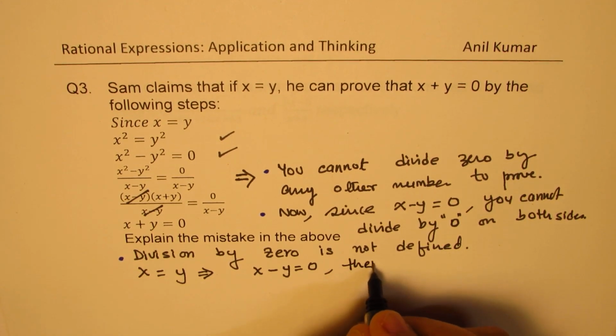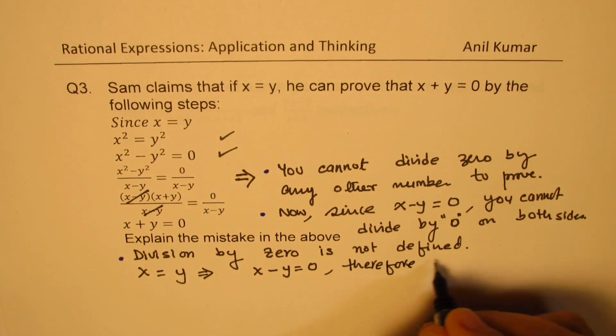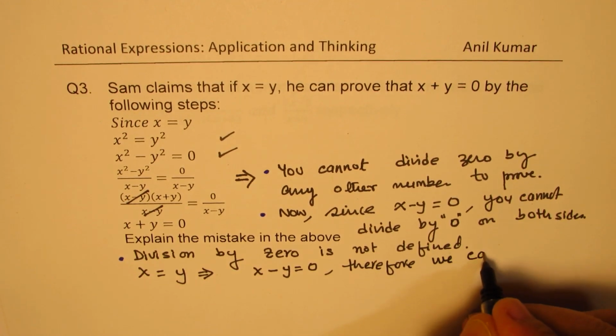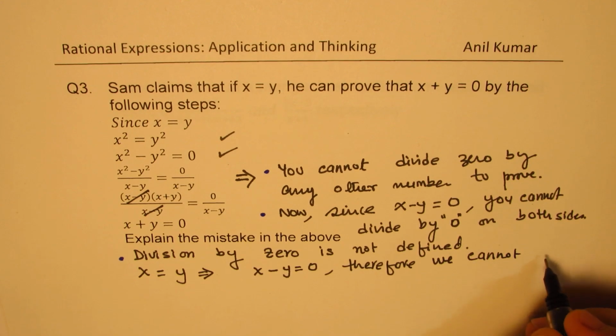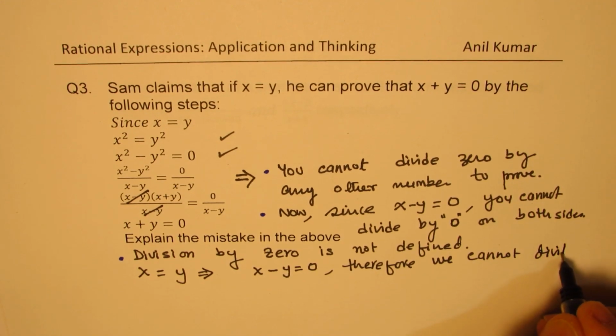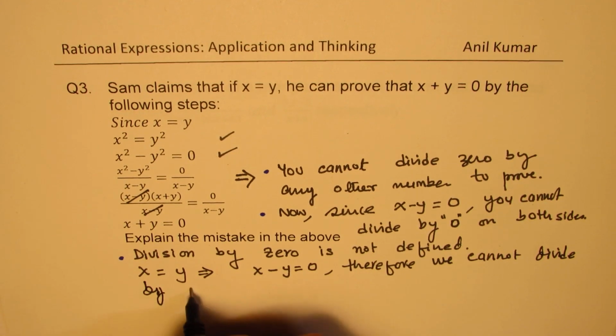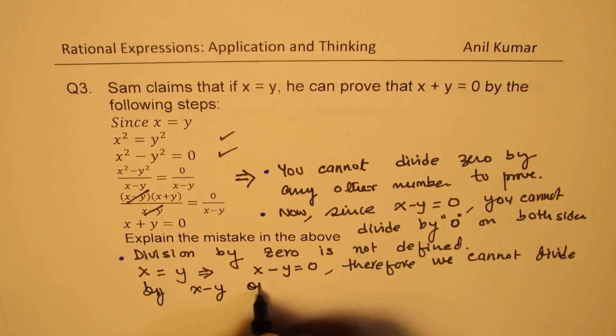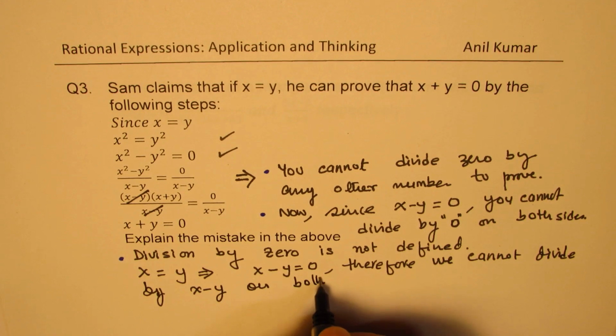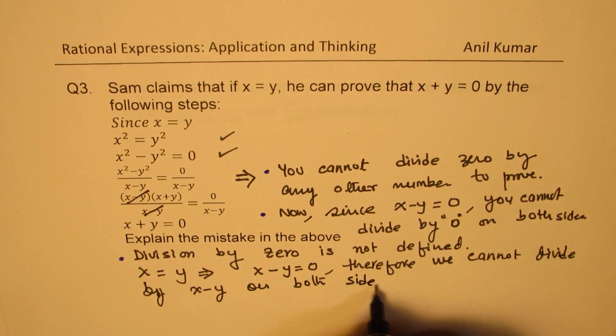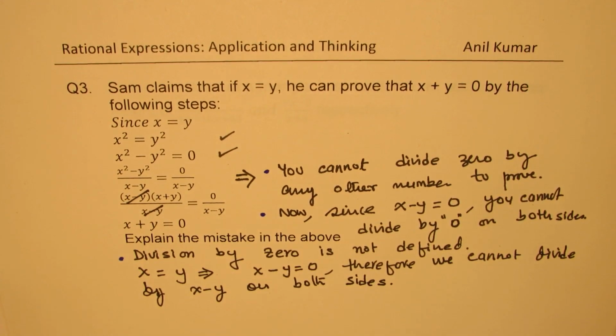Therefore, we cannot divide by x minus y on both sides. Correct? So that is the explanation.